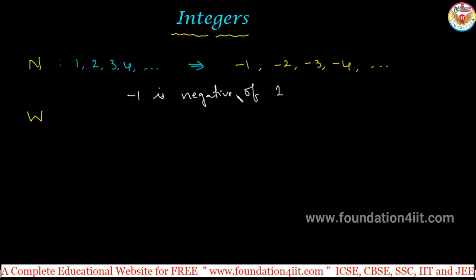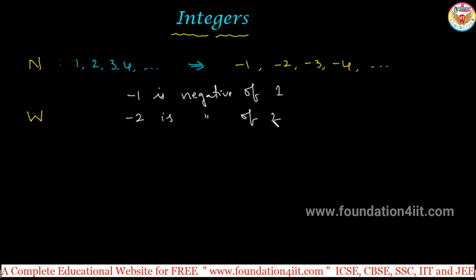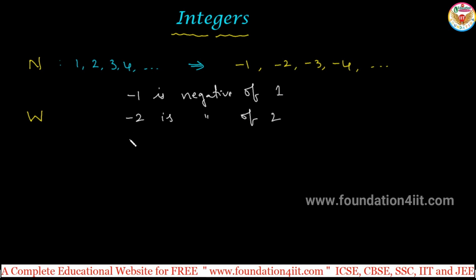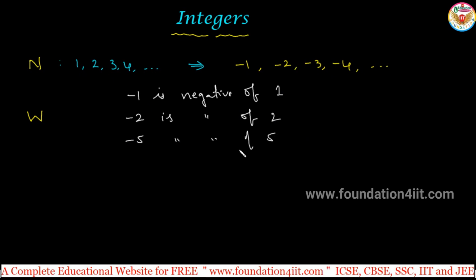That means minus 1 is the negative of 1. Same way, minus 2 is the negative of 2. From natural numbers, by keeping a negative sign before, they become the negative numbers of that particular natural number. Same way, minus 5 is the negative of plus 5, just 5, and so on, right?